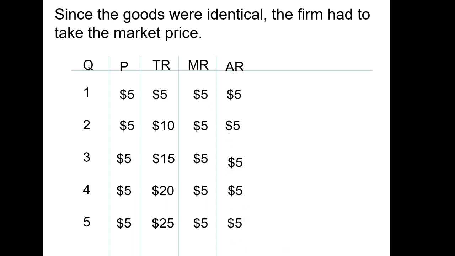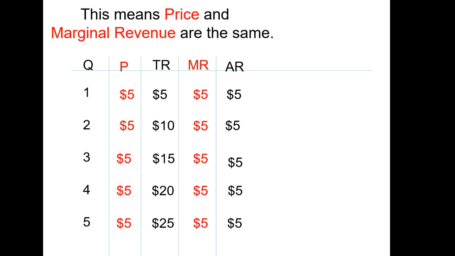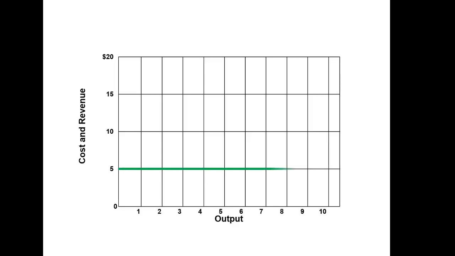There's no reason to want to change the price. I can sell all the goods at that price, right? So we see that MR and price are the same because of the homogeneous goods, because of the price taker. I want to pound that home, get you to understand that. We talked about the curve being perfectly elastic.